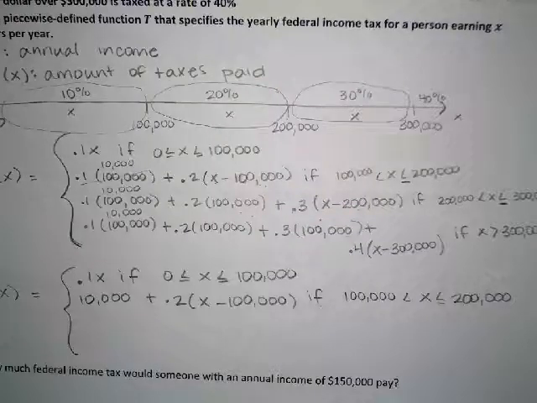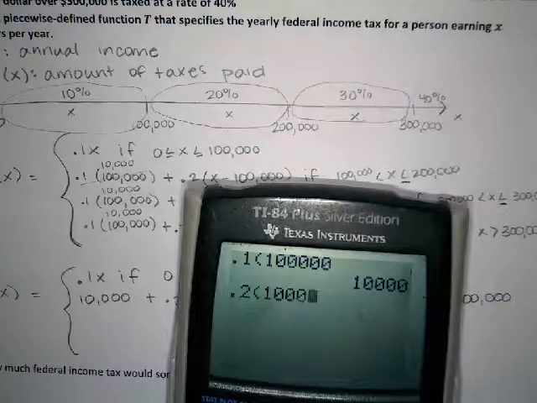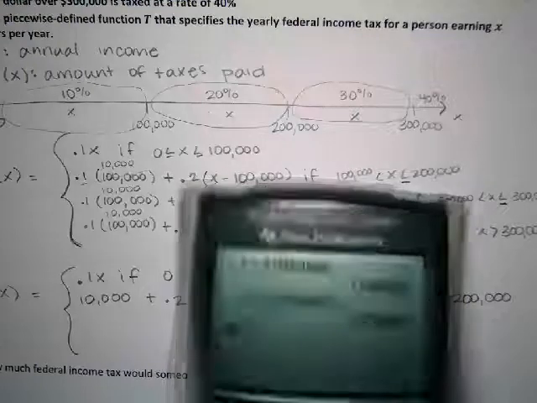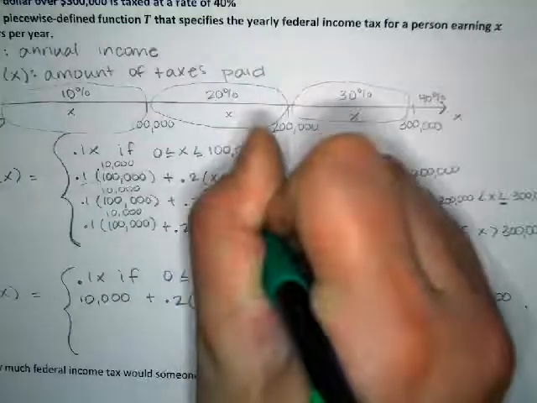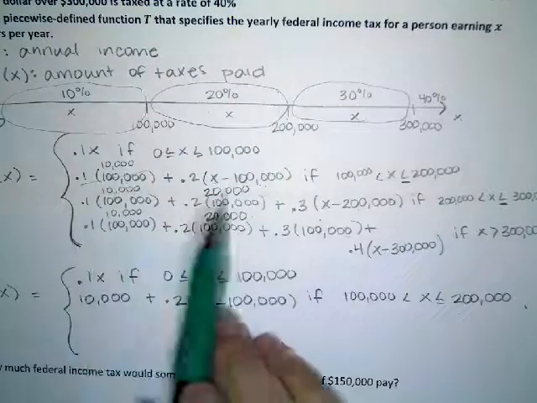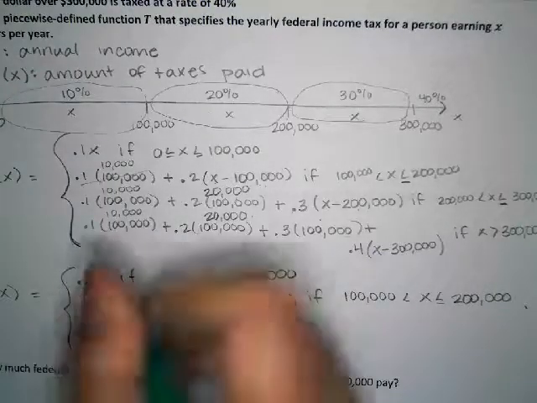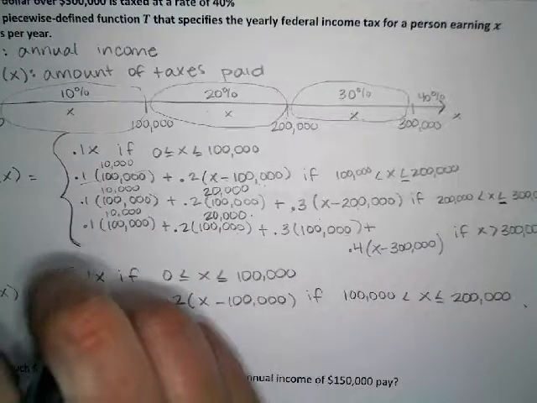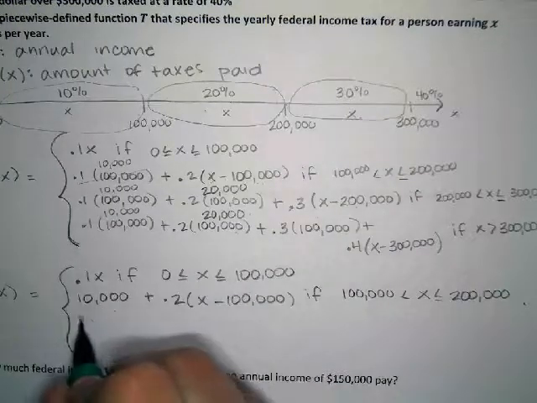All right, so we got 10,000 for this one, and then we have the 0.2 times 100,000, which is 20,000. So 10,000 and 20,000 makes 30,000. It's a lot of taxes.